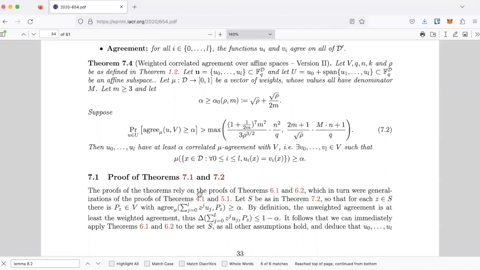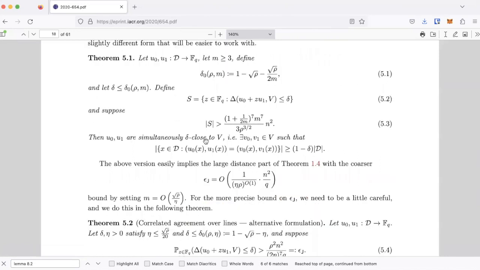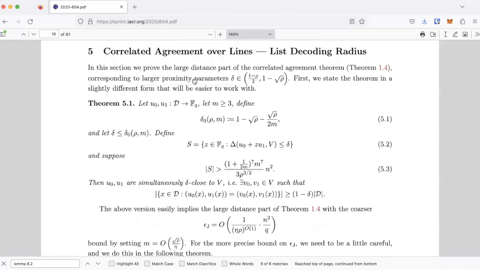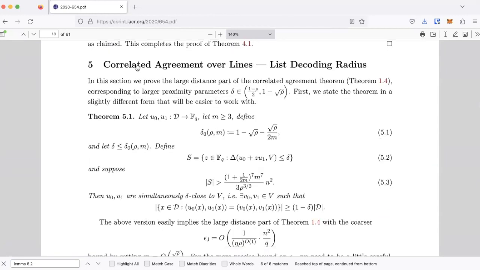These proofs are going to come back in some way to theorem 5.1. In particular, theorem 5.1 is the key result over the list decoding radius.